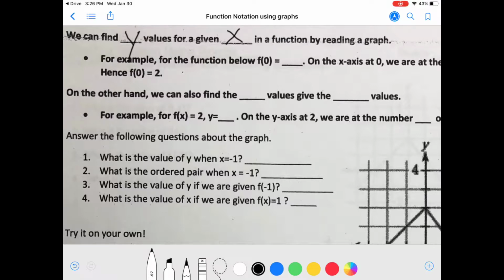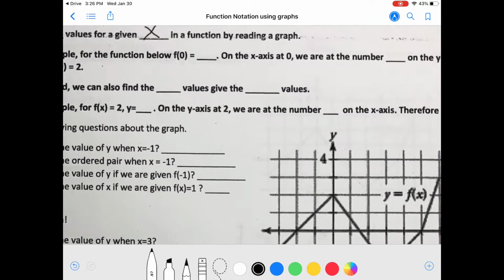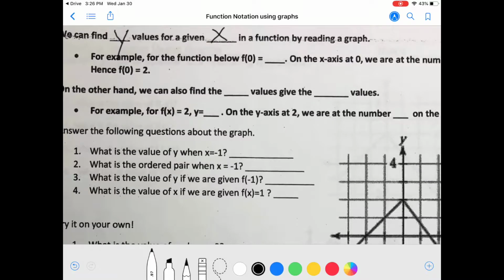For example, for the function below, or the graph that's given down here, f of 0 is going to be 2. Now, why is this? Well, another way to say f of x is saying y.